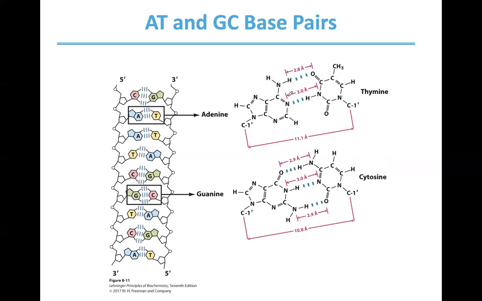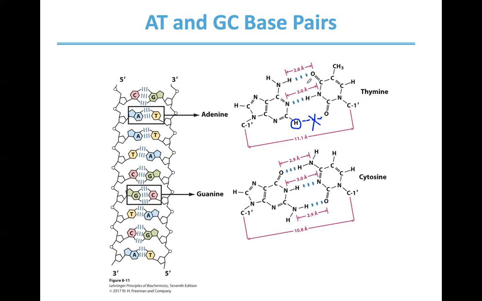Here, remember in adenine, I told you that this hydrogen is not attached to a heteroatom, it's attached to carbon. And for that reason, there is no hydrogen bond here, right? So there are only two possibilities. This is the hydrogen bond donor, and this is the hydrogen bond acceptor, so they switch their roles.